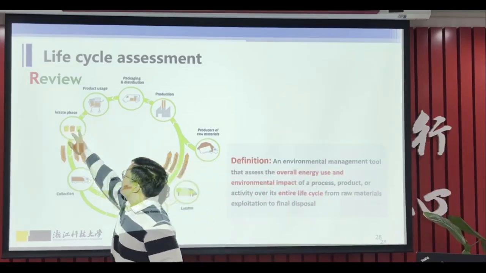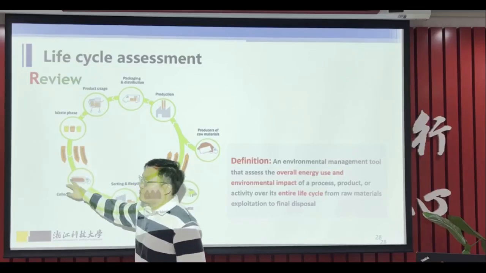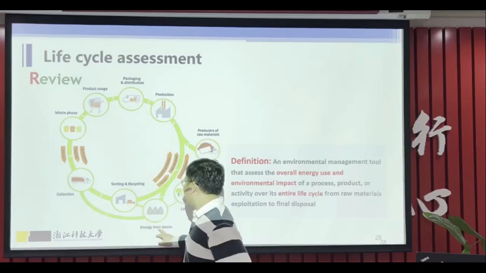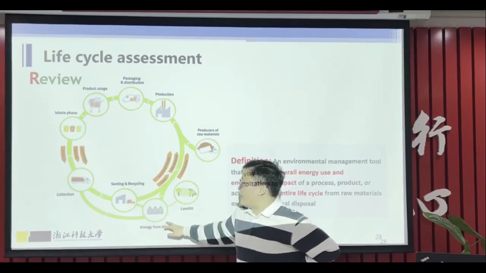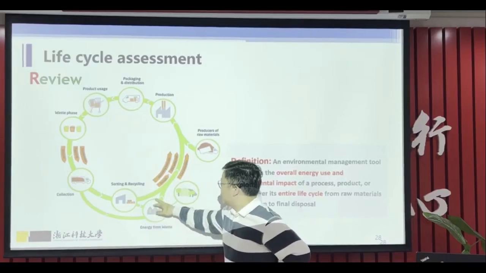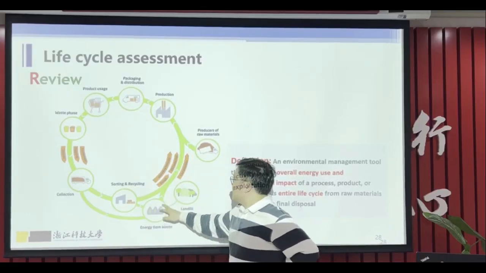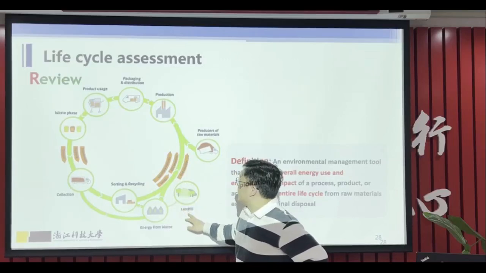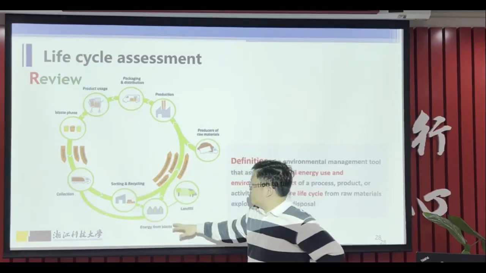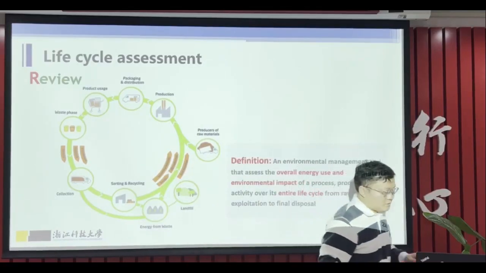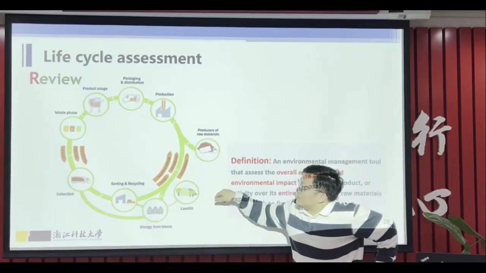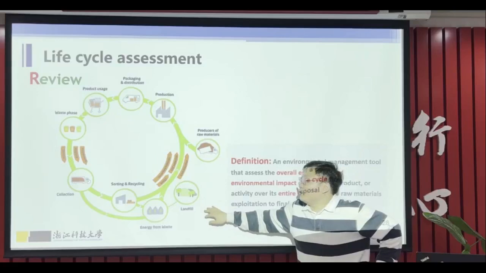The waste generation processes, and then the collection of the waste, and then the sorting and recycling of the waste, and then energy from the waste by incineration, composting, anaerobic digestion, or other methods, and the final disposal of the solid waste. So this is a picture of the idea of life cycle assessment of municipal solid waste.